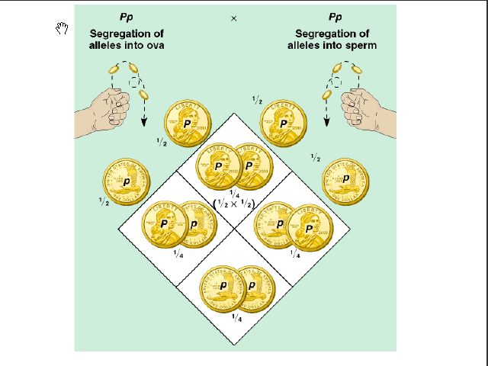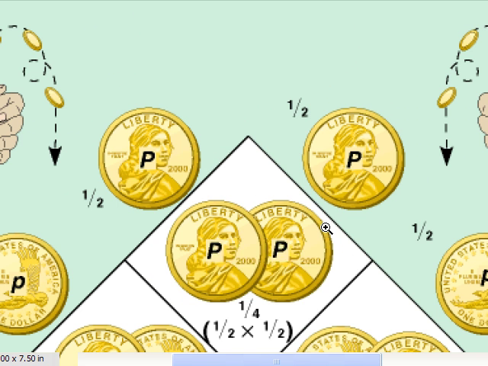Okay, and this reminds us of the Punnett square. Let me choose this magnifying glass here. We look at the case wherein we ask what's the probability that the two alleles of an offspring of two gametes coming together are both dominant, both big P's?